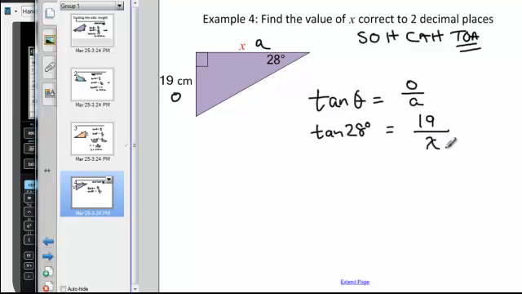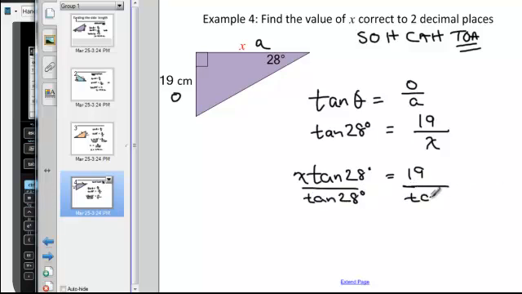Like we did in the step before, we're going to multiply both sides by x. So x times tan of 28 degrees is equal to 19. Then to work out x, we're going to divide both sides by tan of 28, on this side and on this side.